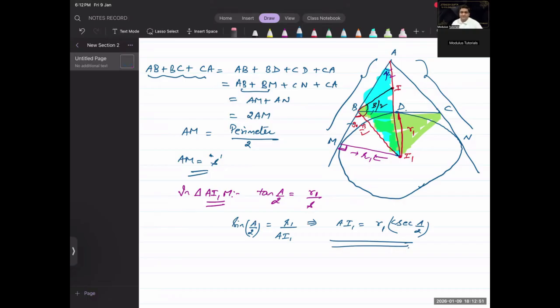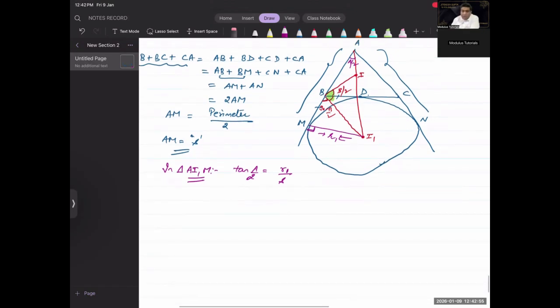Got it, guys? Now we'll do one more thing. See, area of ABC. How will you write the area of ABC? Area of ABC can be written as area of ABI1, let me highlight it for you, I'm talking about this area, plus area of ACI1 minus area of BCI1.